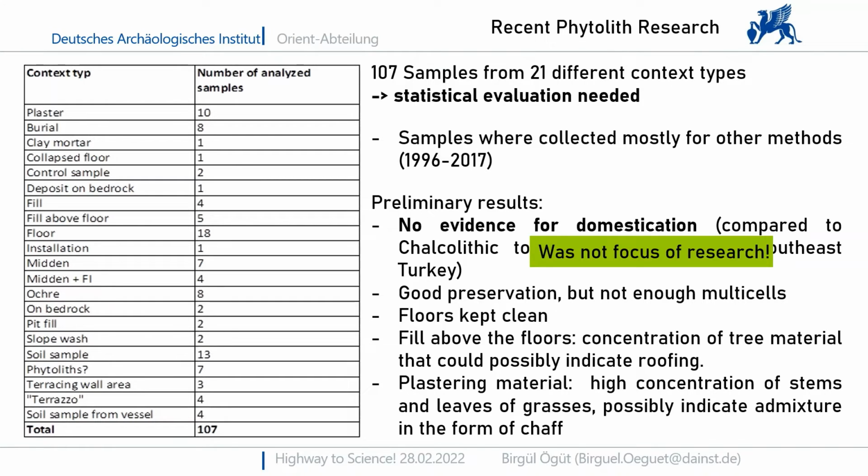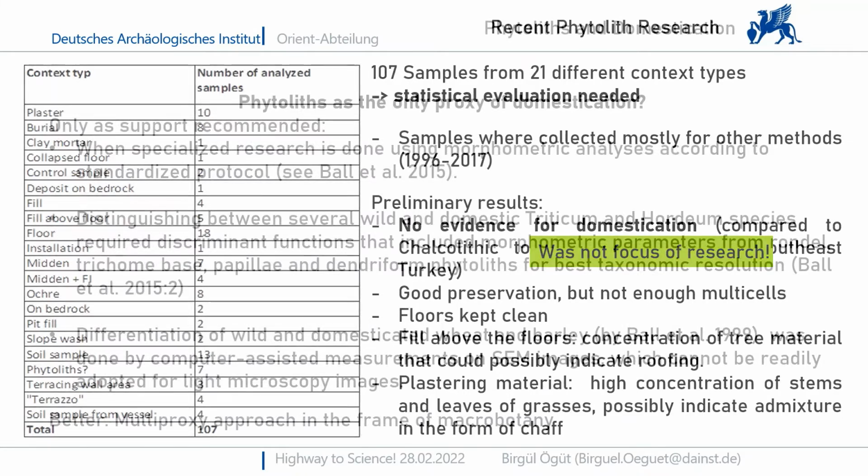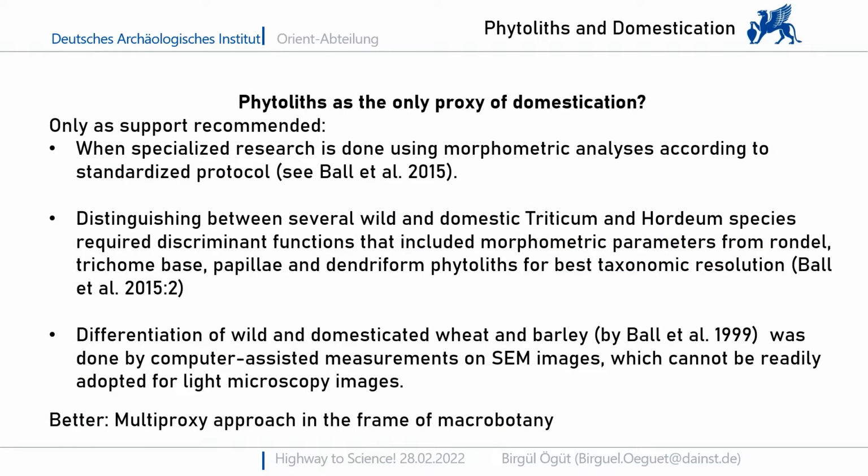But it should be kept in mind that my focus in these analyses was not to find a hint for domestication of plants. But this morphometric issue in phytolith research, which is in my opinion a quite difficult task that needs intensive research and experience, I just want to summarize some points for the question: can phytoliths be used at all as the only proxy of domestication?